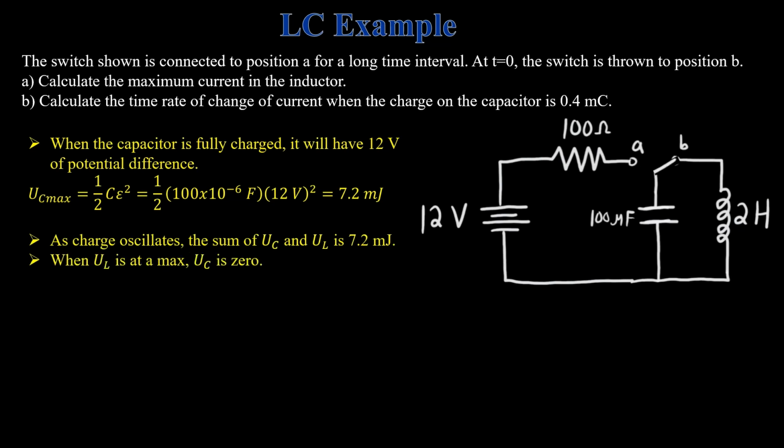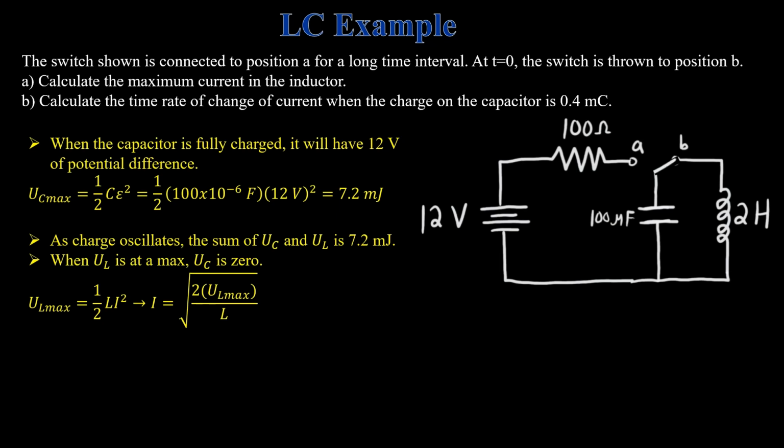Since the sum is 7.2, at the maximum values, when all the energy is in the capacitor, which is the maximum energy in the capacitor, then the energy in the inductor is 0. Likewise, when the inductor is at its maximum energy, which is 7.2 millijoules, the capacitor has no energy. So 1/2 L I squared max is equal to 7.2 millijoules.